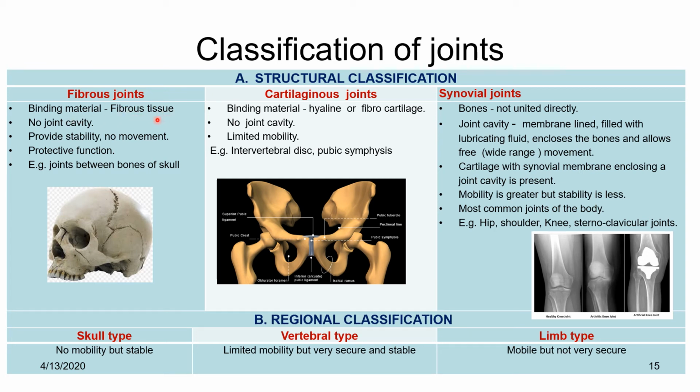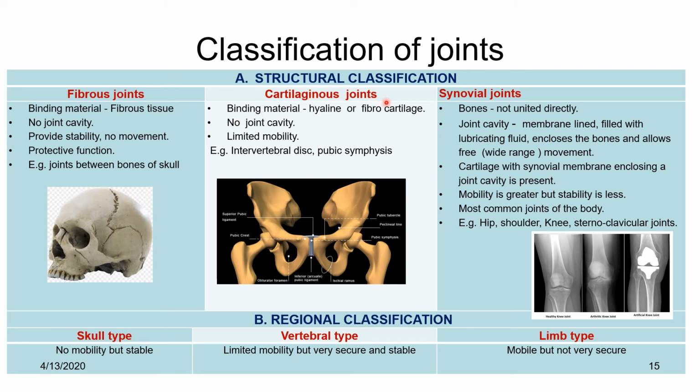In fibrous joints, there is no joint cavity, and they provide stability and no movement. It is protective in function. An example of fibrous joints is the joints between the bones of the skull, which we call sutures. So this is a fibrous joint.